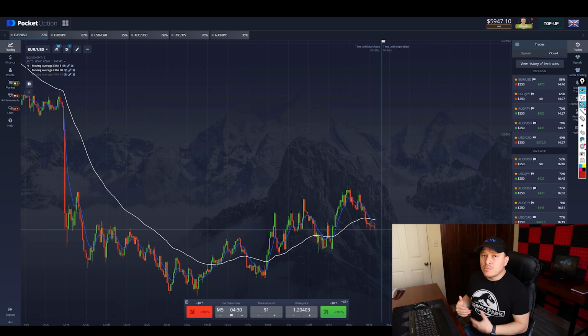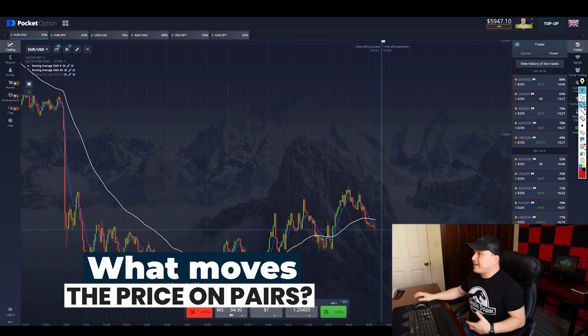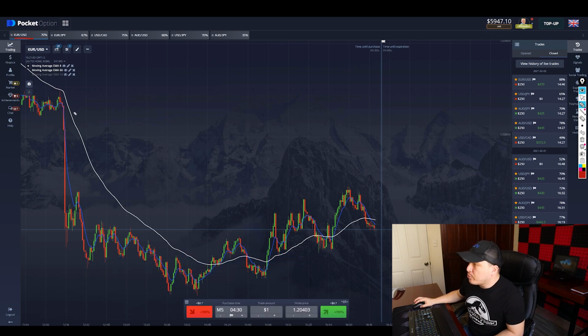Now, what is it that moves the price on different assets? And that's a very good question. For instance, here, I'm on the euro against the dollar or the US dollar. So what the pair says is that 1 euro is equal to $1.20403, right?